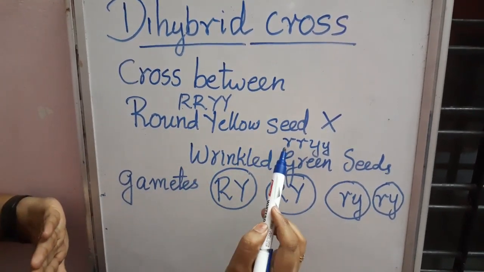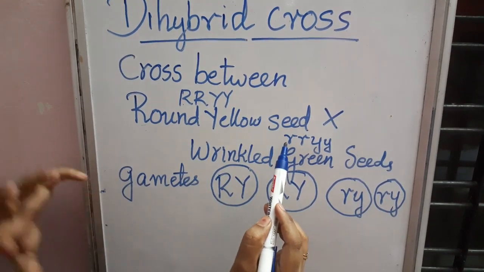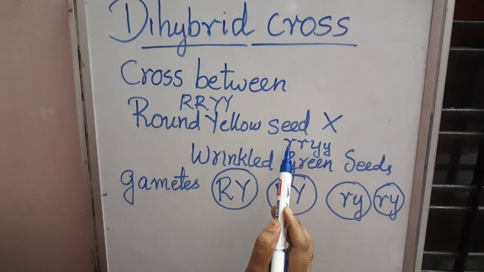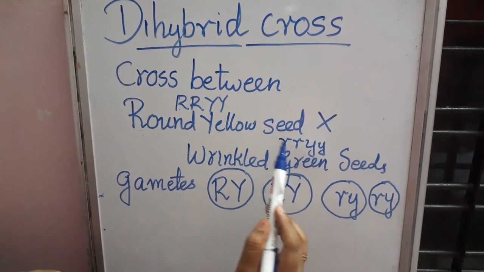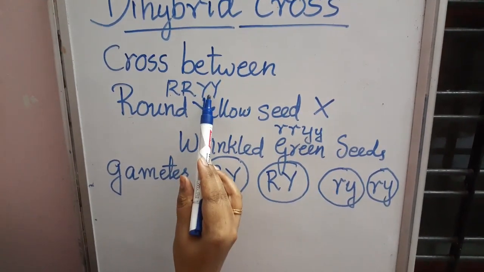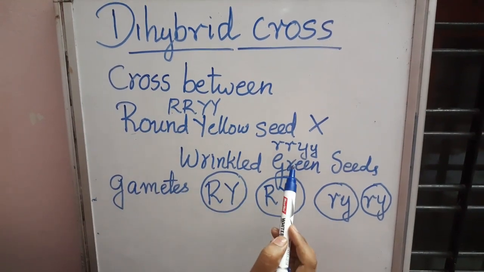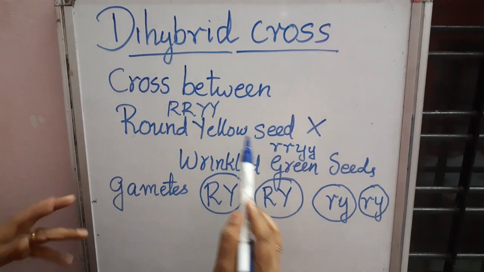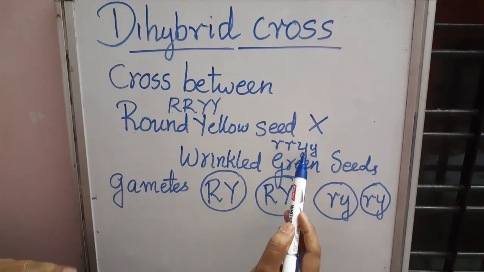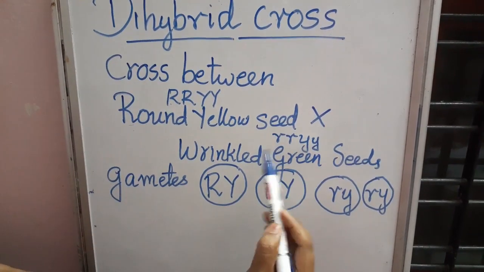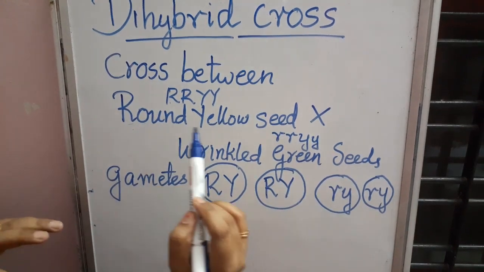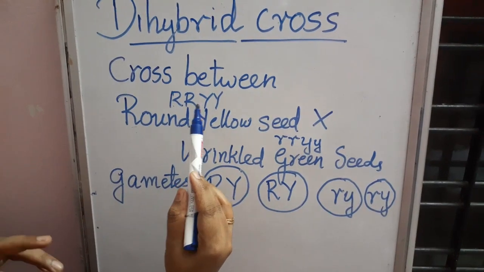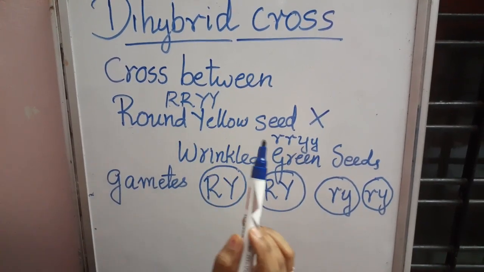The same alphabet you have to use with small letters. So wrinkled I am denoting by small letter r. Then yellow I am taking capital Y. Green you cannot take G. The same alphabet, lowercase, small letter, we have to use. Is it clear?